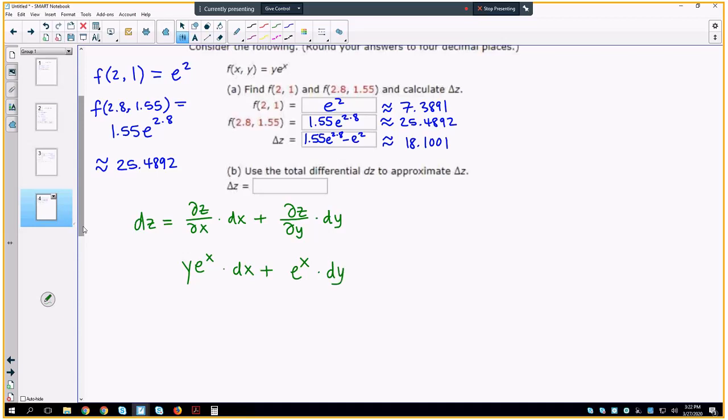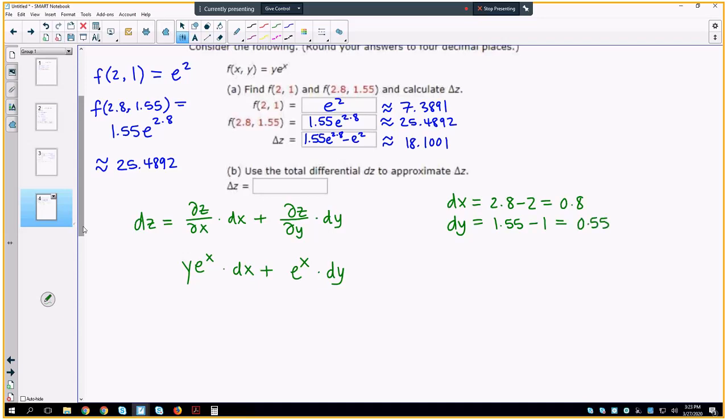The change in x is 2.8 minus 2, so of course 0.8. The change in y, 1.55 minus 1, 0.55.